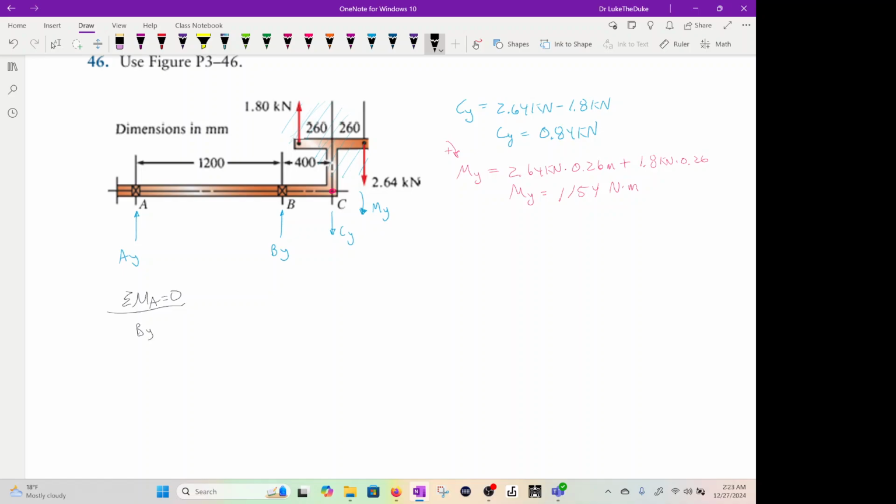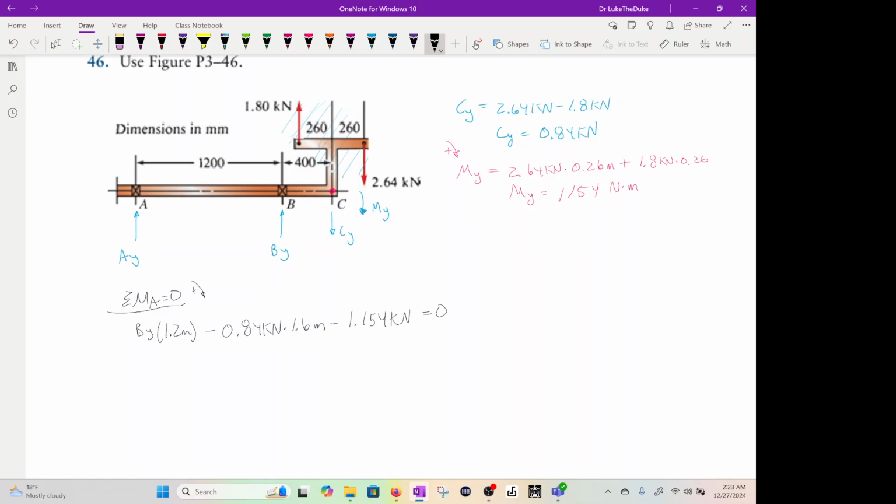So we have BY times 1.2 meters minus, we're assuming this way is positive, 0.84 kilonewtons times 1.6 meters, because you got 1,200 plus 400, minus the moment at C, which is 1.154 kilonewtons, equals 0.